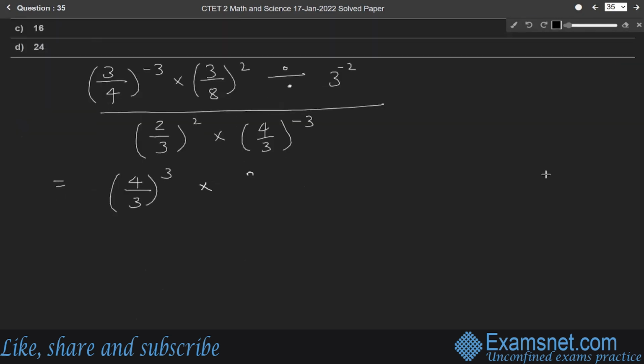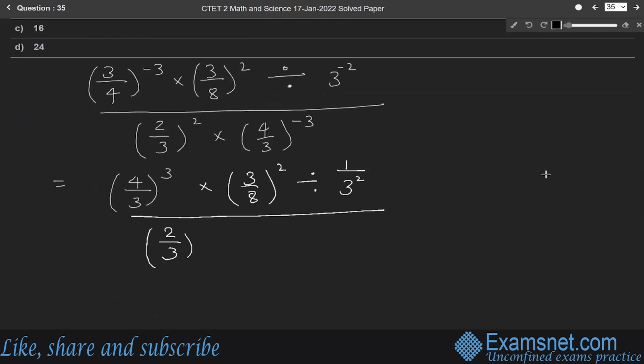Into (3/8) raised to 2, divided by 3 raised to minus 2. This can be written as 1 by 3 square, whole divided by (2/3) square into (4/3) raised to a negative power, which can be written as (3/4), its positive power, right?